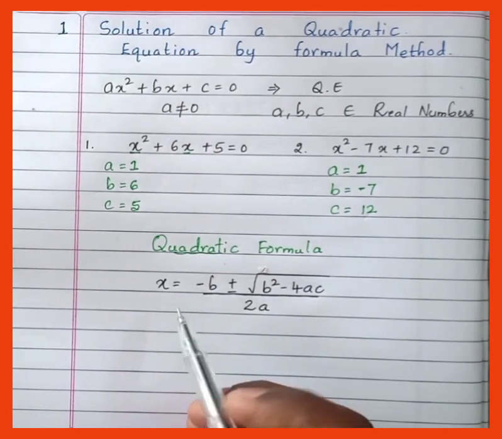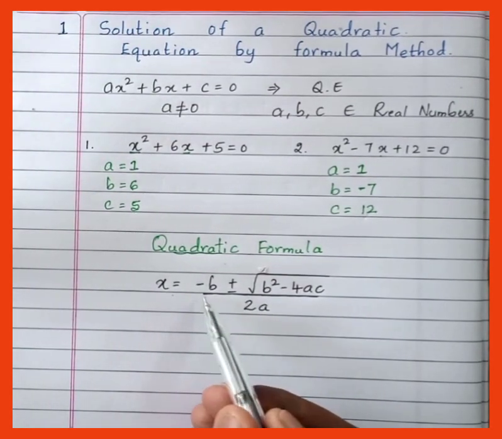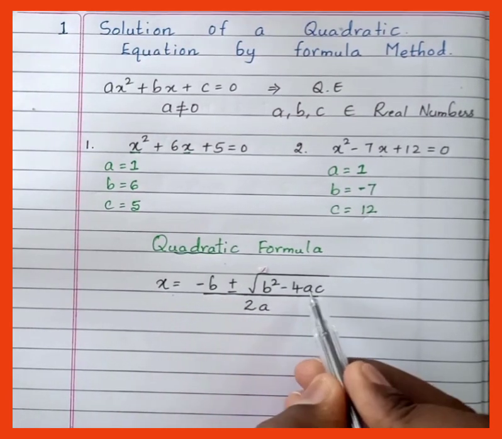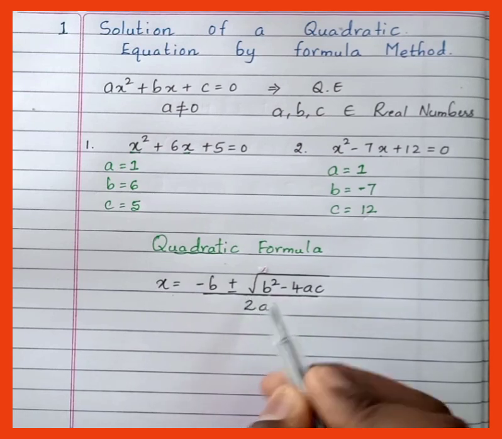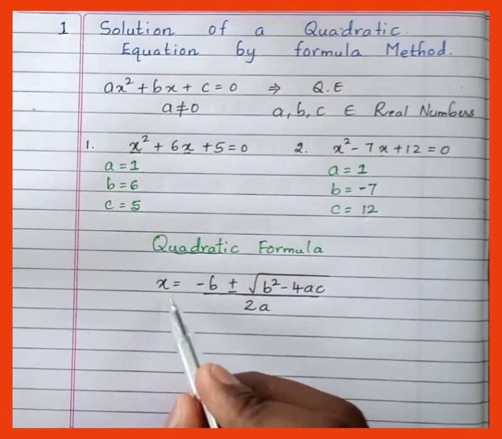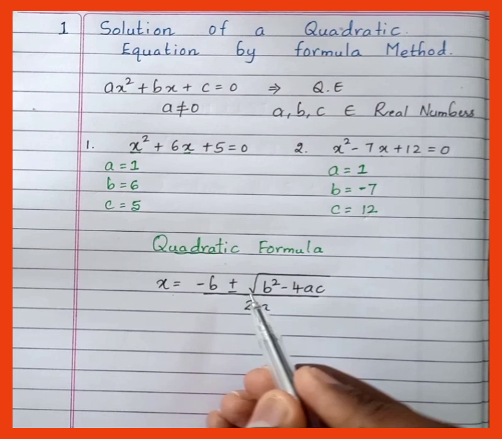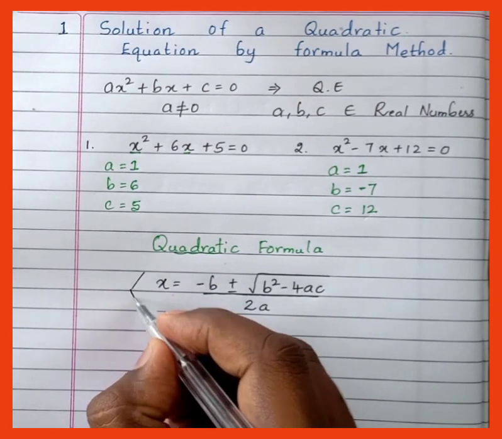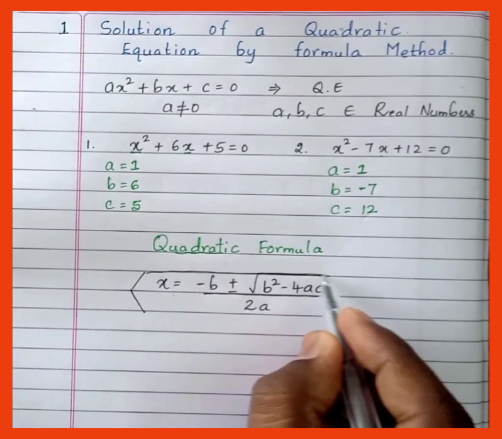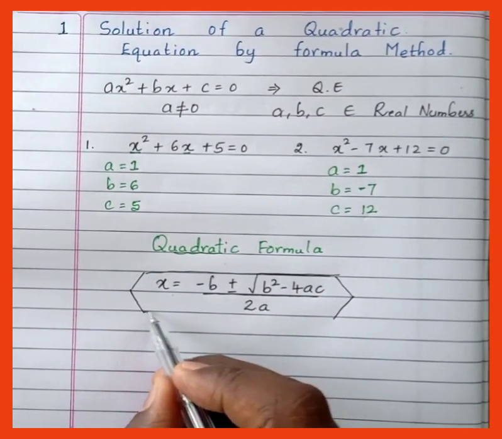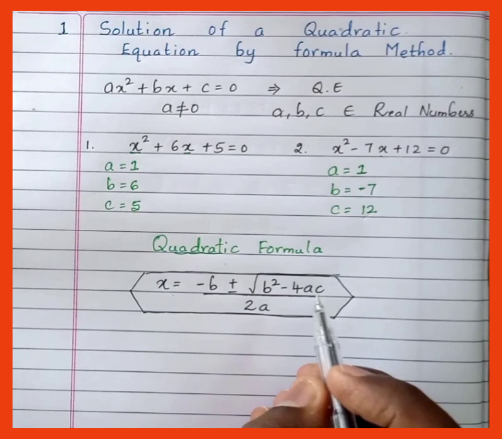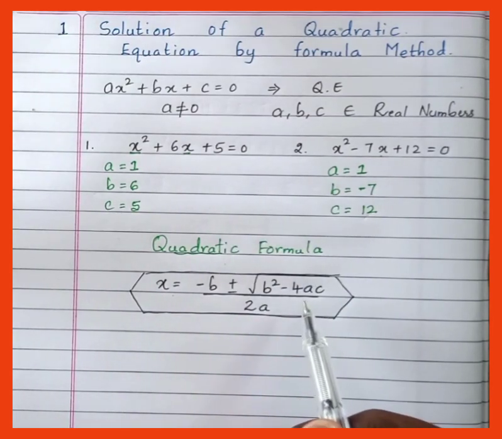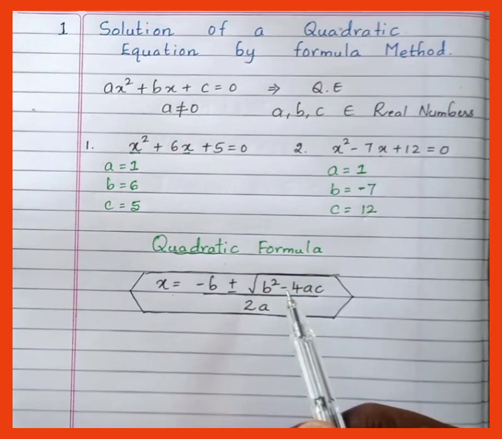This is called the quadratic formula. Try to memorize this quadratic formula and try to write it at least 5 to 10 times so that you remember it. Now we'll solve a few examples.